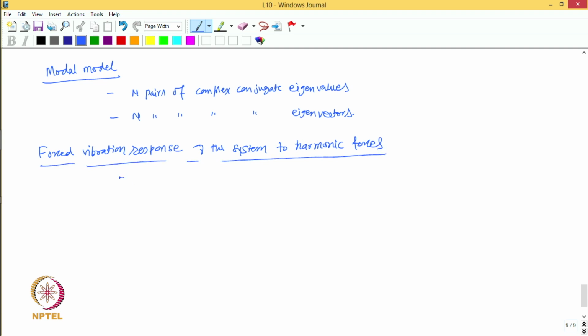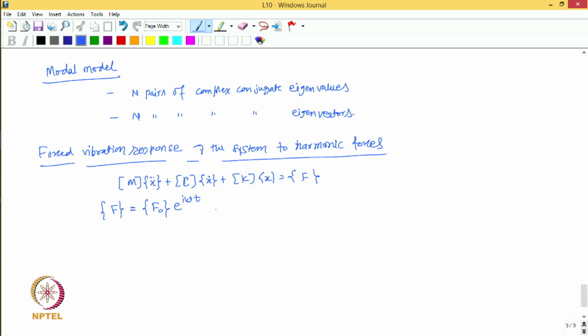So, the equation of motion in the displacement coordinates can be simply written as m x double dot plus C x dot plus k x is equal to, now we have a forcing function f, right, where f is a vector of harmonic forces at frequency omega, and it is equal to amplitude vector f naught e to the power i omega t, right.